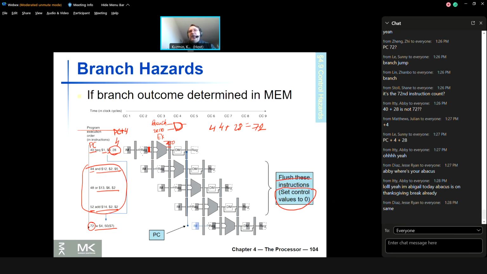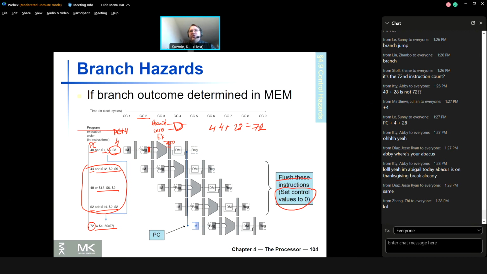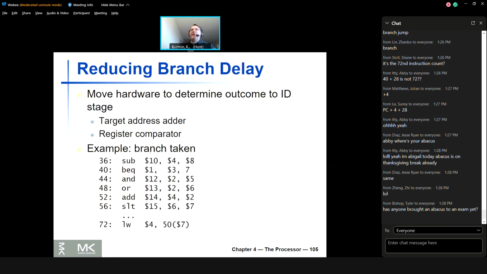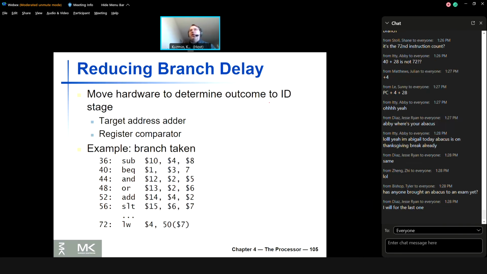We can do that because at the end of clock cycle 2, this BEQ instruction will already know the values read from the register file, from our 2 read registers. And if we throw in additional hardware, we can make it compute the zero flags separately, outside of the ALU, and it would be ready by the end of the ID stage.